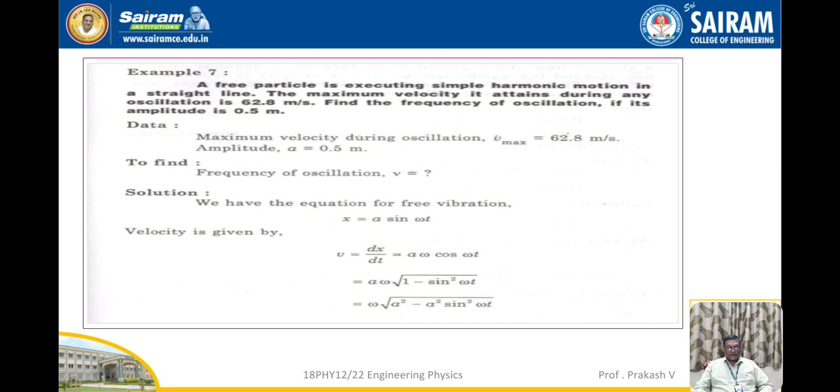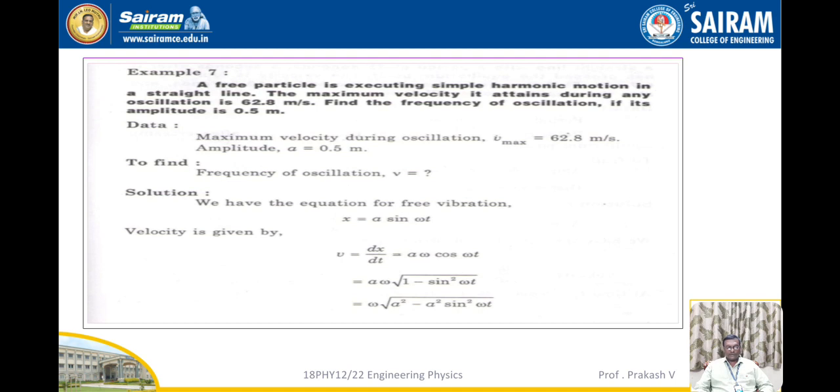The particle attains maximum velocity while passing through its equilibrium position, at which time the displacement is 0. So finally the value of V max is equal to omega into square root of a square minus 0, that is equal to a into omega. The angular frequency omega is equal to V max by a, that is equal to 62.8 by 0.5.